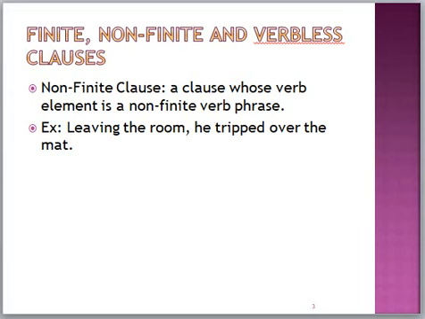All these three types are the most common cases of the non-finite verbs. The base form is often used in a non-finite way, of course.